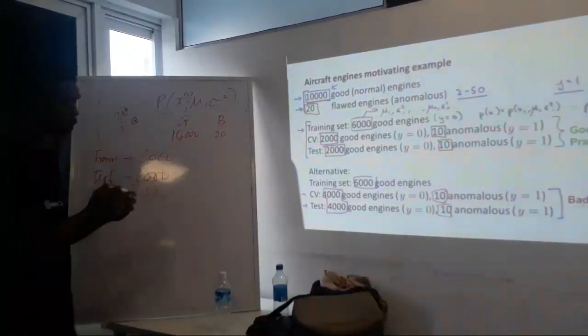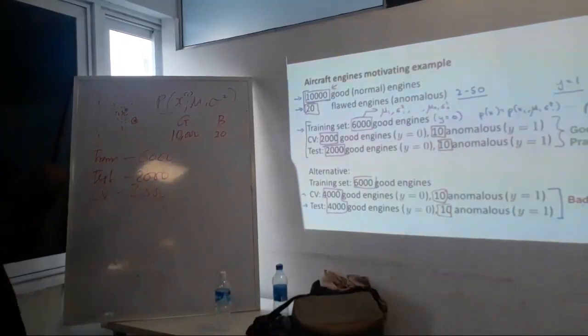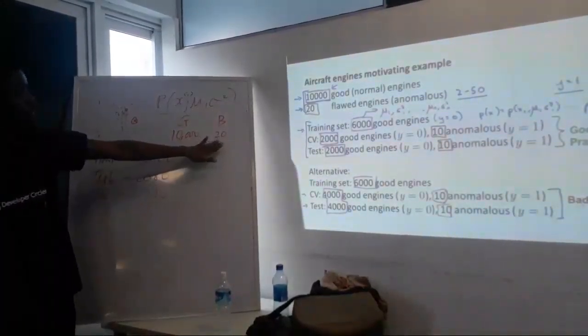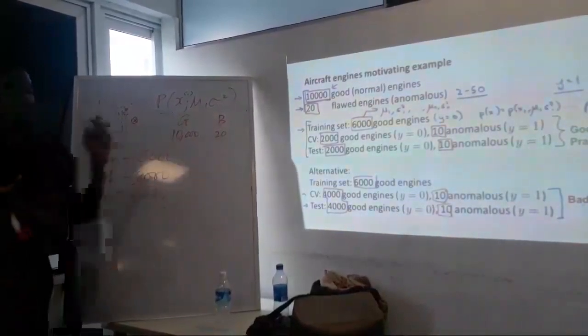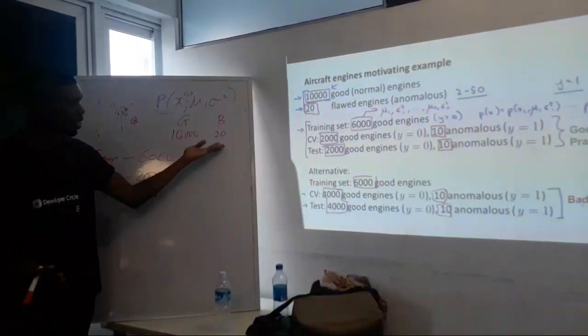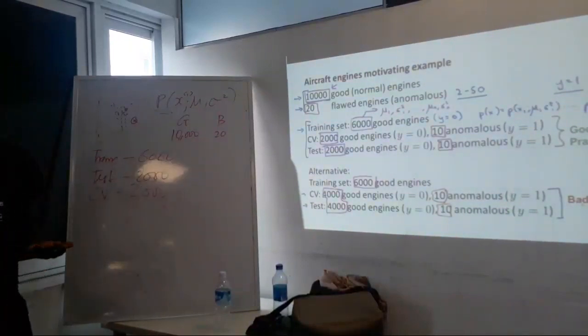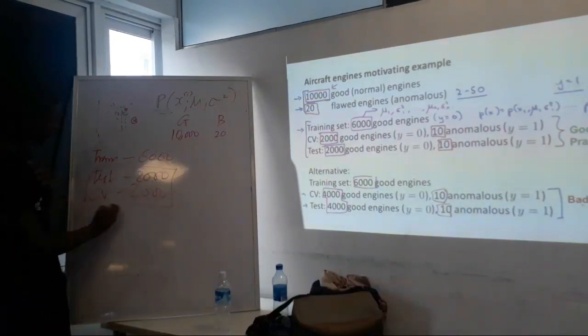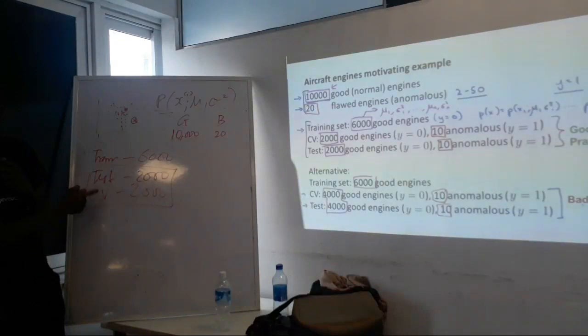But sometimes some people have another approach. Because you have a small frequency of bad cases, which is 20, they feel that why can't you just combine these two together and use them as both your validation and your test set.